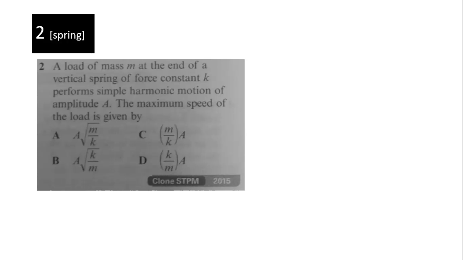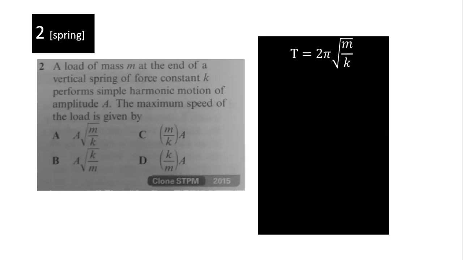A times the square root of k over m. Remember circular motion, same formula. That's your period, for the spring. You must memorize the period. And then your omega.